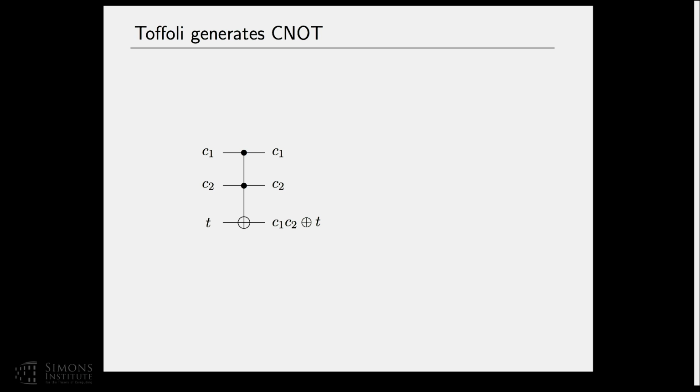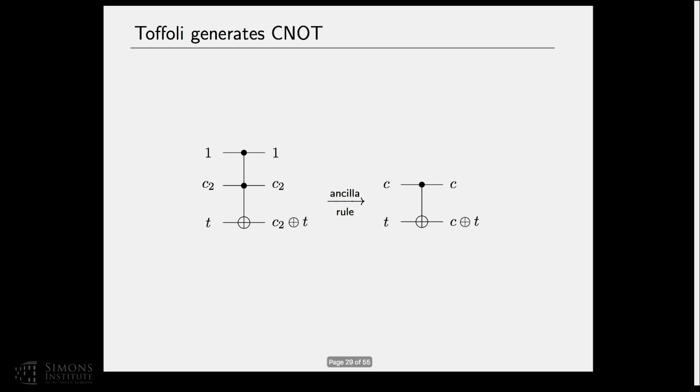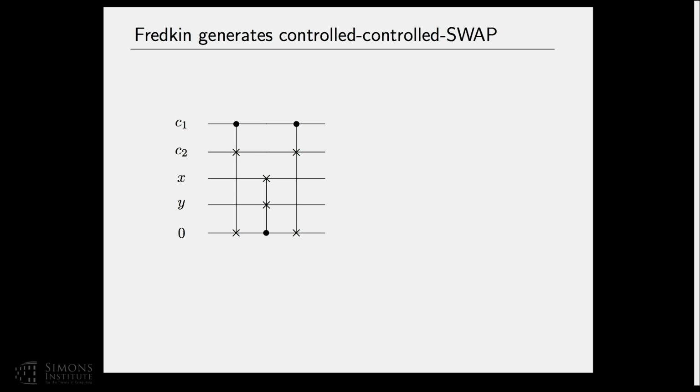So with the ancilla rule, we can just set one of these bits to 1, apply the rule, and now we have a C0 gate. So in some sense, it eliminates this kind of small n effects, and we can generate small gates from big gates. But also, it allows us to do some slightly more powerful things as well.